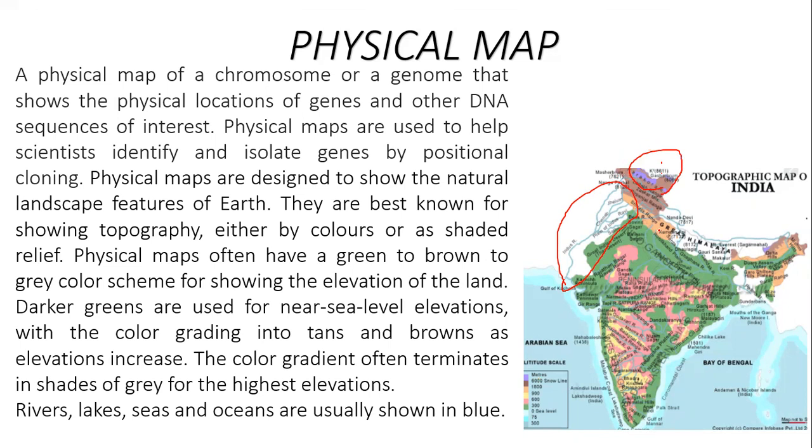The dark brown and the light brown show that the snow line is decreasing. The green are the plains. The purple is the plateau.